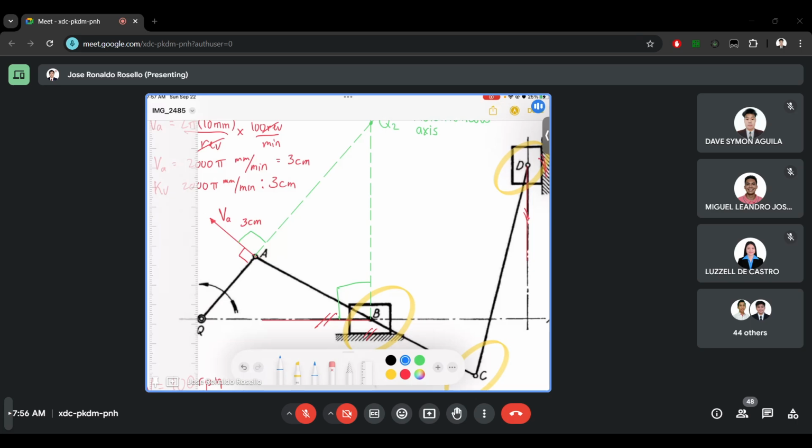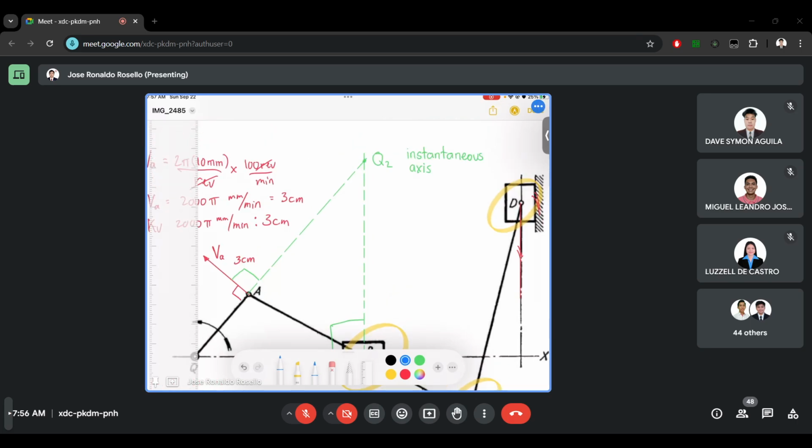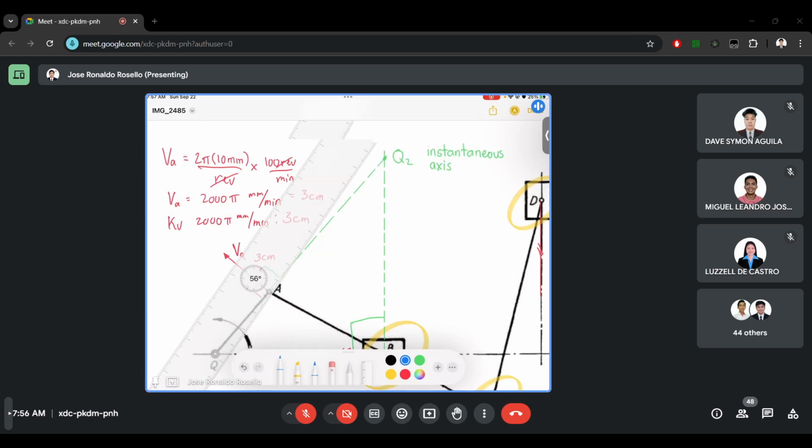So how do we use the ruler method? Measure the distance of Q2 and A. So this is 1, 2, 3, 4, 5, 6, 7, 8, 9, 9 centimeters in length.